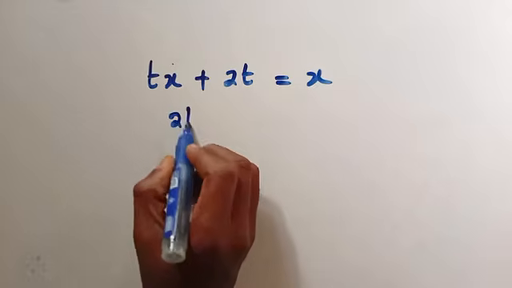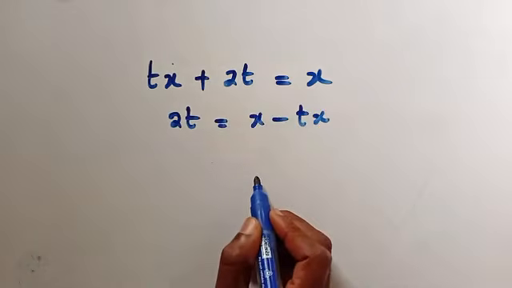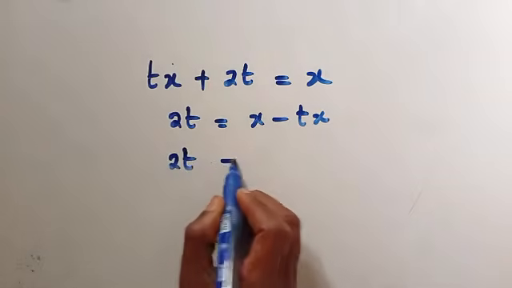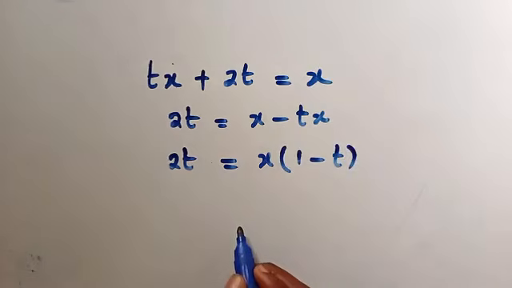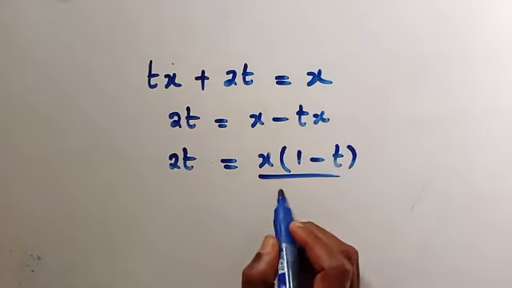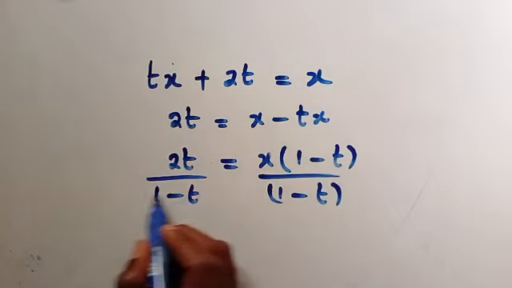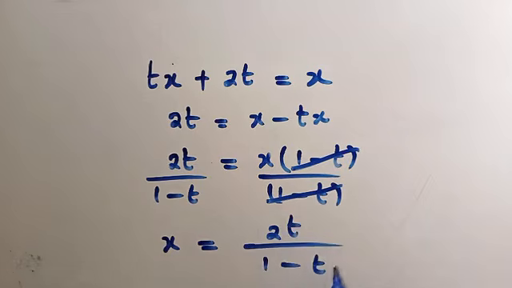We have 2t equals x minus tx. So factoring out x, we have 2t equals x into bracket of 1 minus t. And by dividing both sides by 1 minus t, the 1 minus t cancels, and therefore we have x equals 2t divided by 1 minus t. So this is another step.